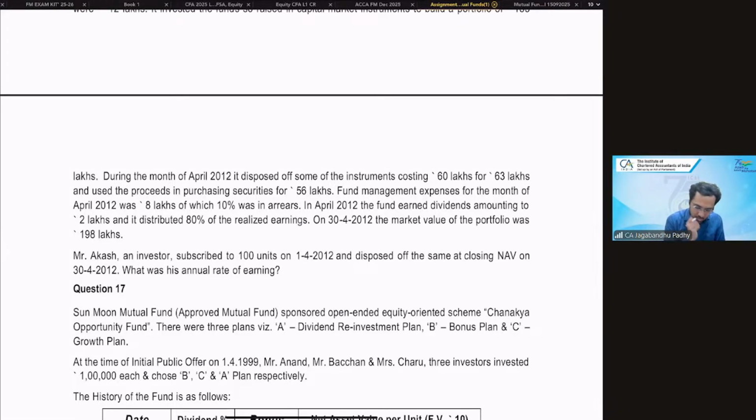So 8 minus 0.8, 7.2 lakhs will be outflow.